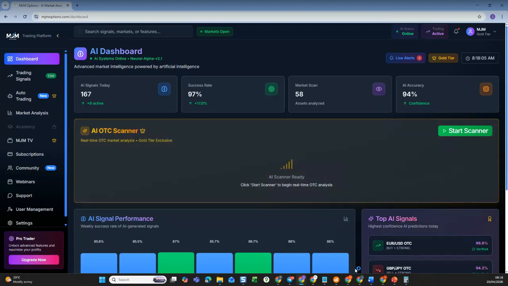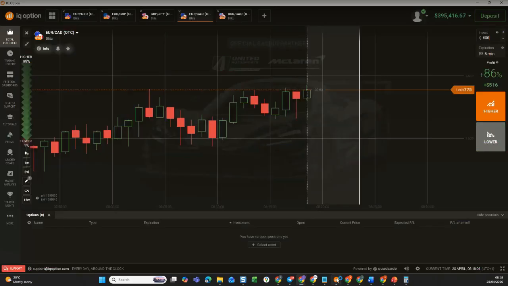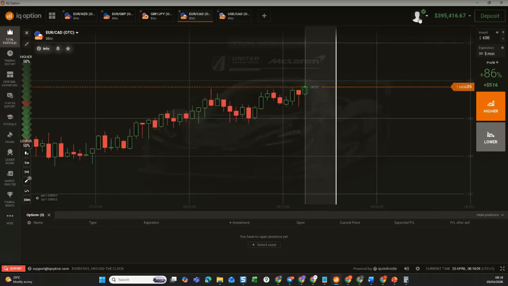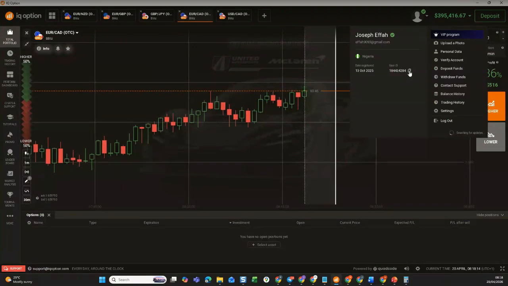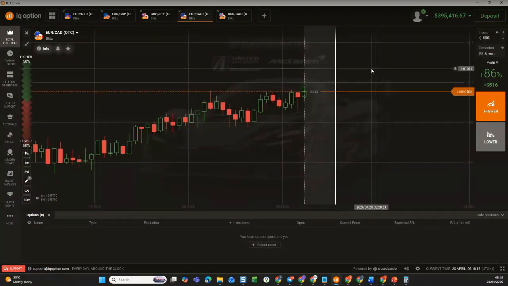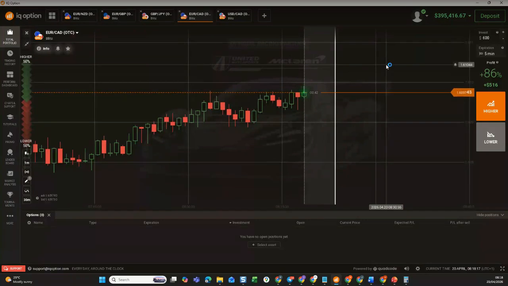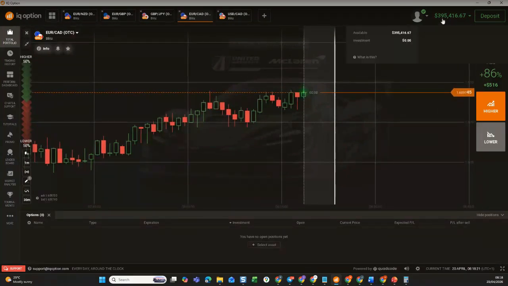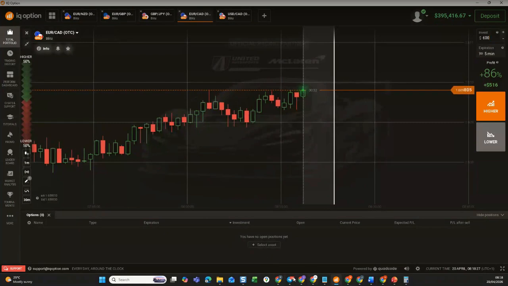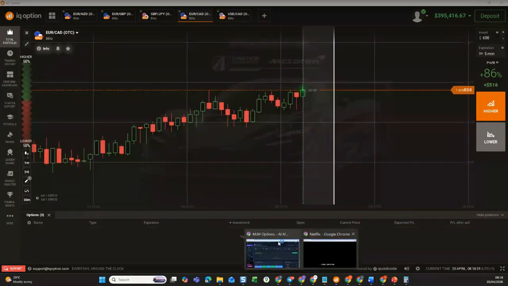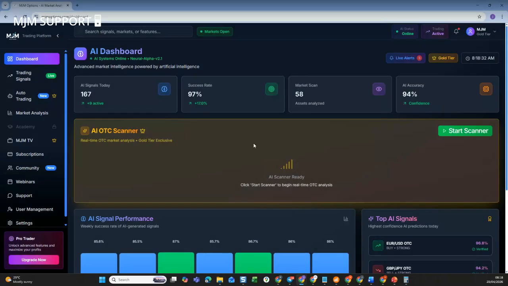The second step is to register on IK Options using our link. The moment you are registered using our link, you go to your profile, copy your user ID, and send that to me also. The third step is to fund your own IK Options account like you're about to trade. The moment you have funded your account, the AI will be unlocked permanently. So you always get access to it. That's basically how it is.